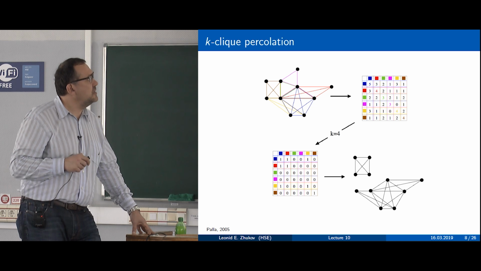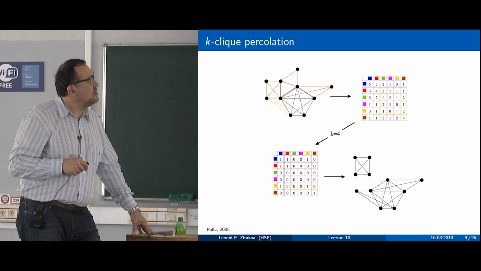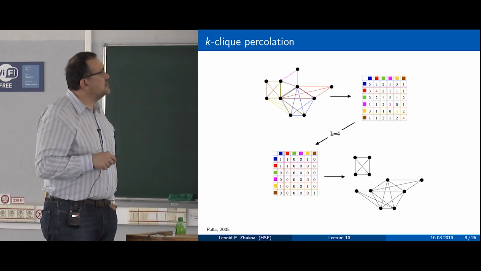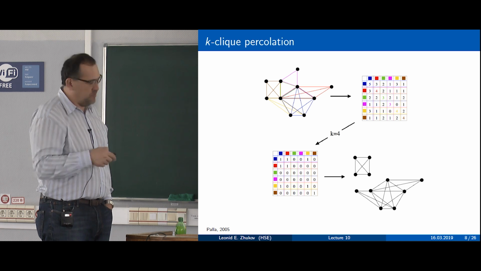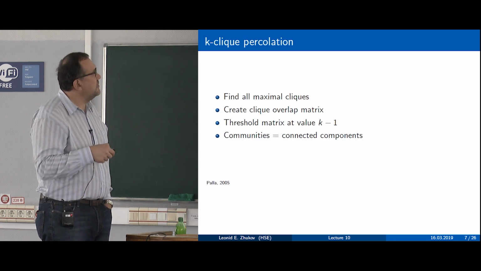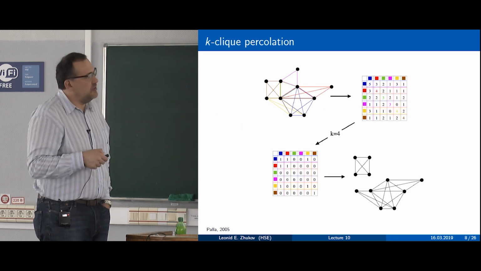So we calculate this clique overlap structure, and then we say, okay, let's threshold this at value k equal to 4. Everything that is above becomes 1s. Everything below becomes 0s. But we have to threshold at 3 actually, because that's the way it is described: threshold the matrix at value k minus 1. That's the way they want the algorithm done.